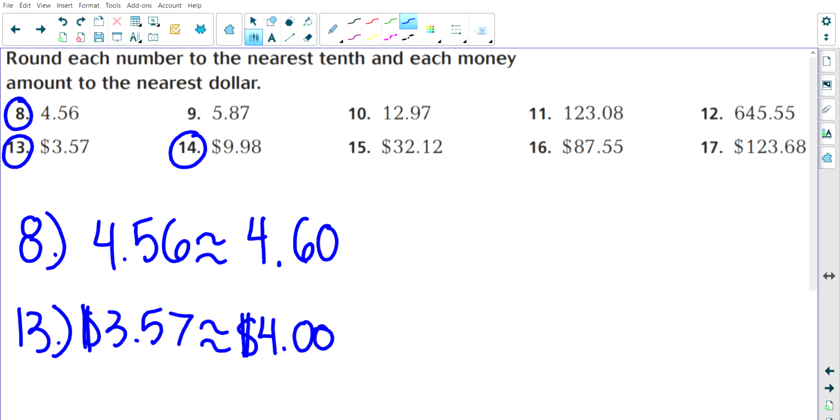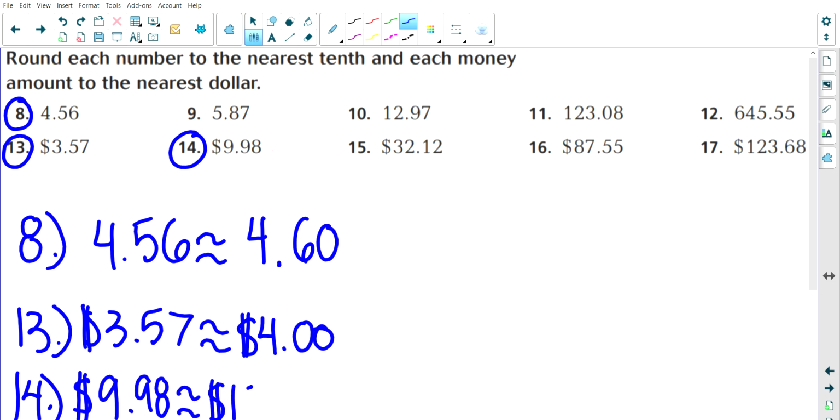And number 14, this one was tricky because it has that 9 as the rounding digit. So $9.98 should round to about $10. Now I am going to model number 14 out for you because it is probably the trickiest one.